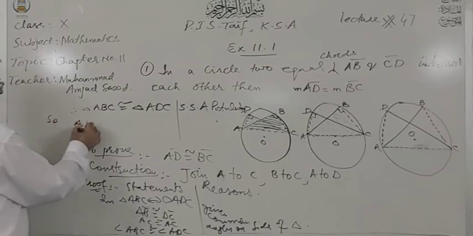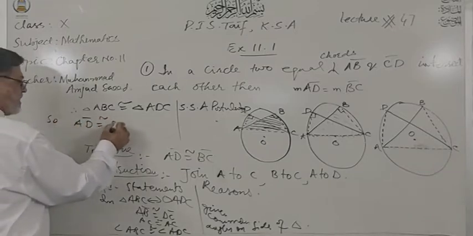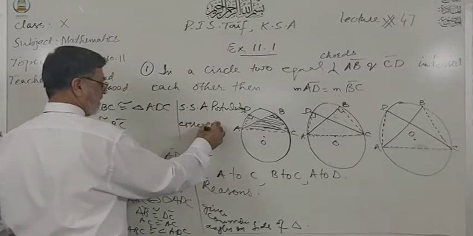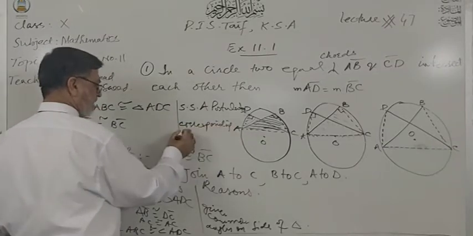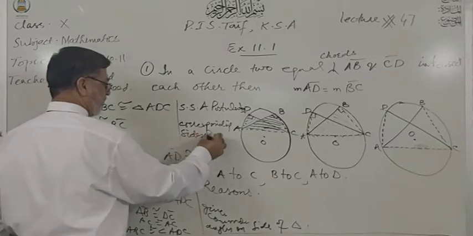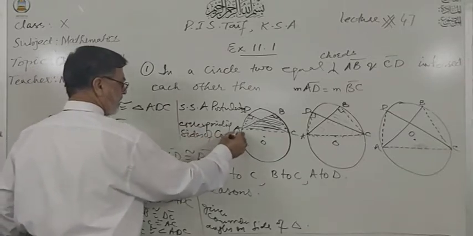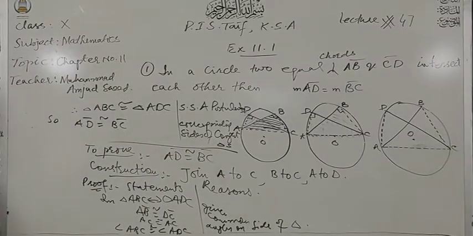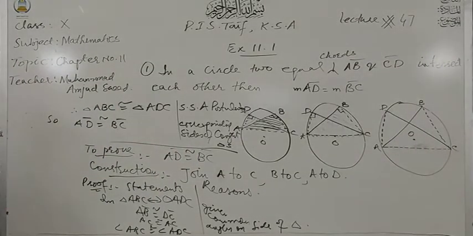So AD is congruent to BC, corresponding sides of congruent triangles. Dear students, that was your question number 1 in exercise 11.1.